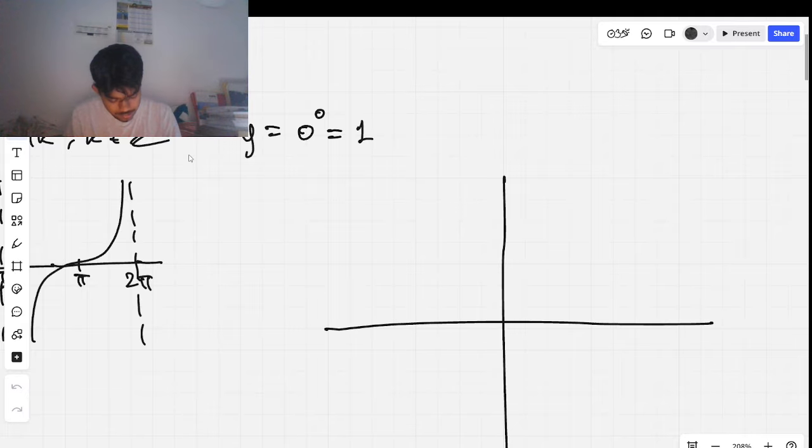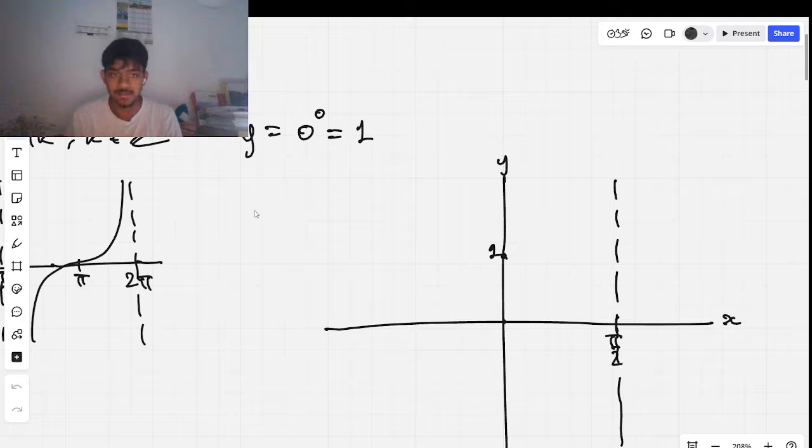These are my axes, x, y. This is going to be the point 1, my origin. Now I need to try and see what my behavior between 0 and pi by 2 is.